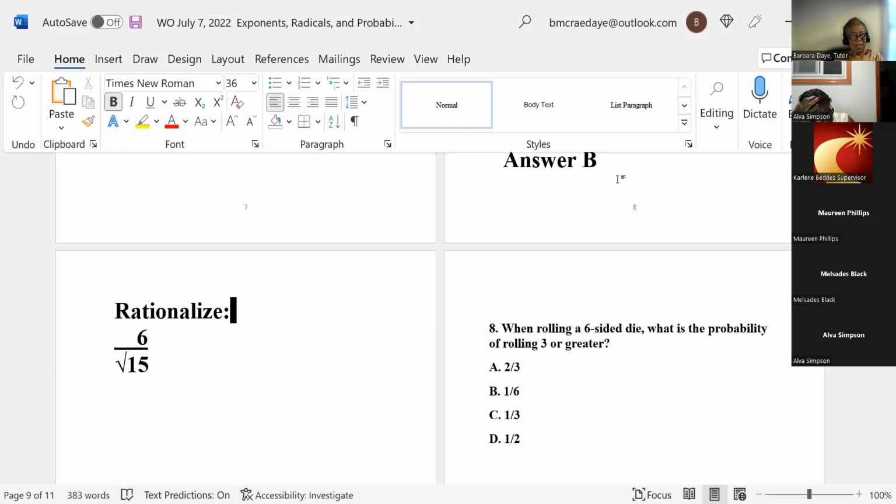Yes, Miss Barbara, I'm here. Okay. Rationalize 6 over square root of 15. Now you're going to multiply numerator and denominator by what, Alba? You're going to multiply it by 6. No. Remember I said the radical, you multiply numerator and denominator by the radical.